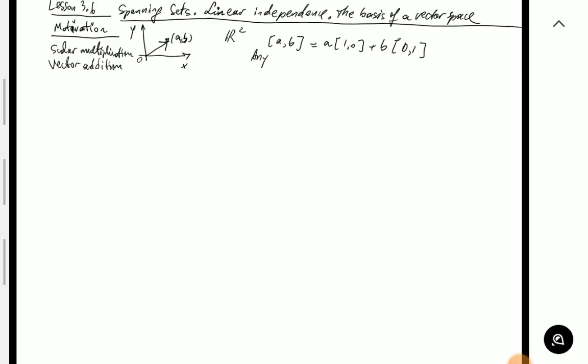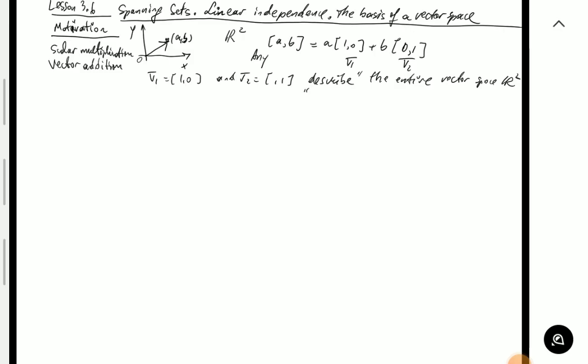You could say that these vectors, let's call them v1 and v2, "describe" the entire vector space R2. I put this in quotation marks because I have to make this a bit more precise.